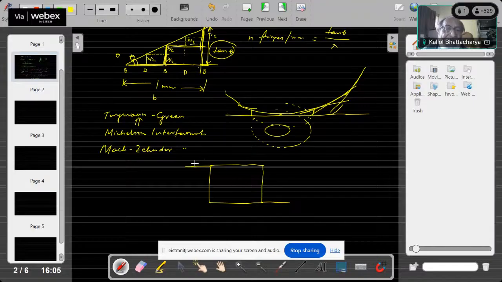So this is the incoming light beam. It falls on a beam splitter. Part of the light is transmitted, part of the light is reflected. This is a beam splitter, BS, a semi-silvered glass plate. Then you have a mirror here. This is a complete mirror. So the beam turns 90 degrees because the mirror is at 45 degrees. And here again you have another beam splitter.